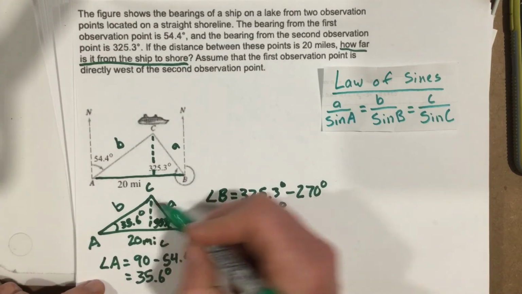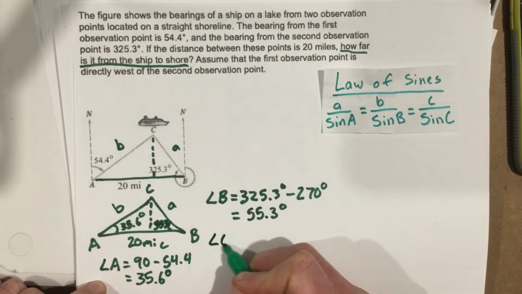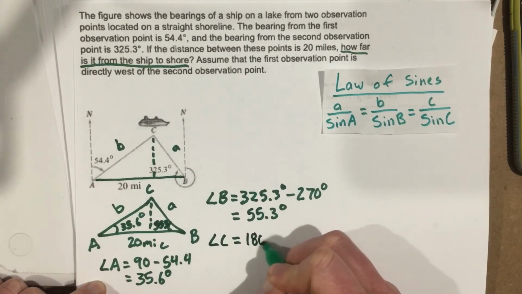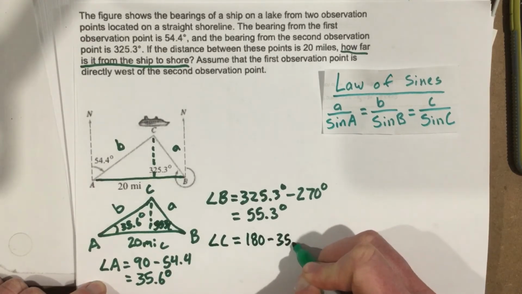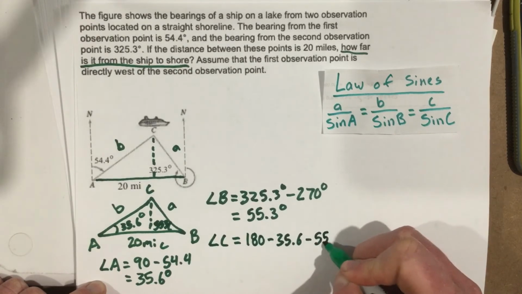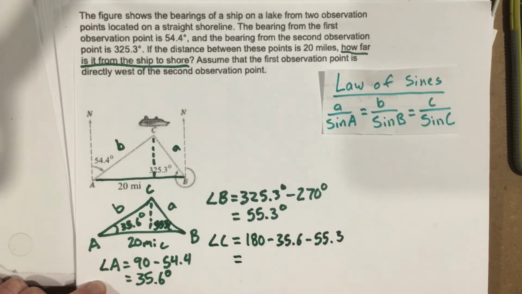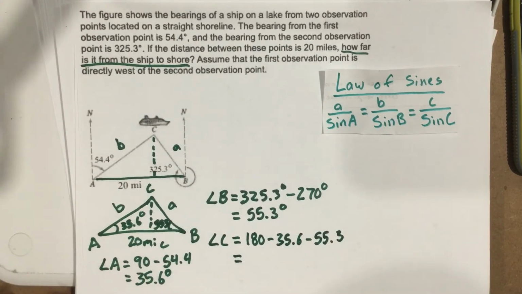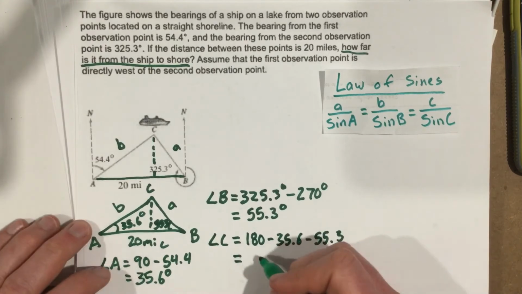Yeah, I better find angle C. Angle C, if I know these two angles, is 180 minus 35.6 minus 55.3. So angle C right here is 89.1.